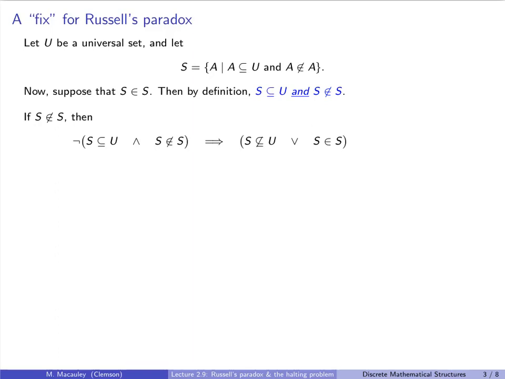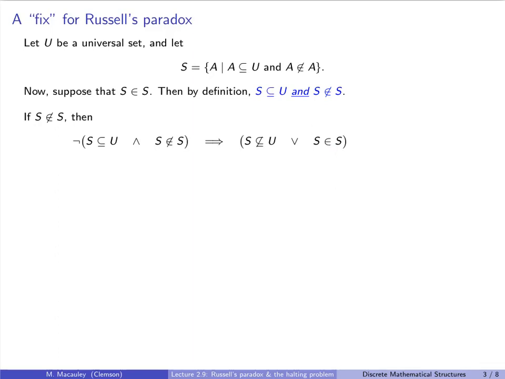So in other words, if S does not contain itself, then one of these two things has to be true. Either S is in itself, which just by itself would be the contradiction that we got in the previous slide, but we have a backdoor now.